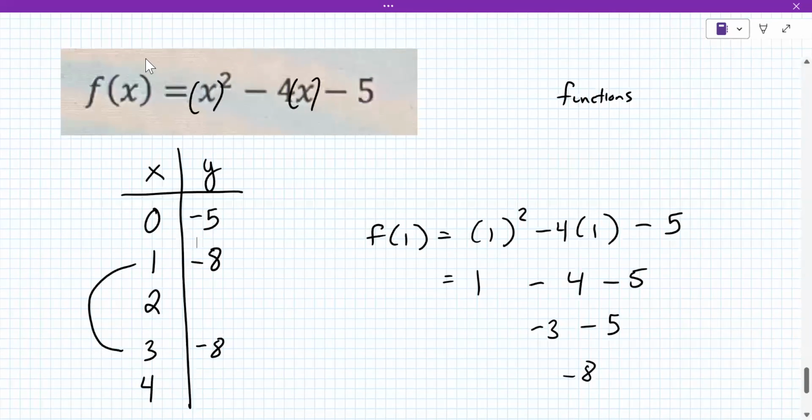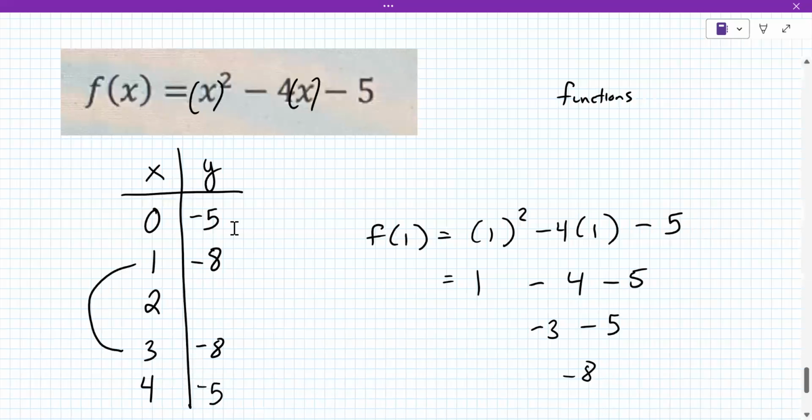I want you to evaluate this function at the top here for 4. Put 4 in for x. Negative 5 is negative 5.